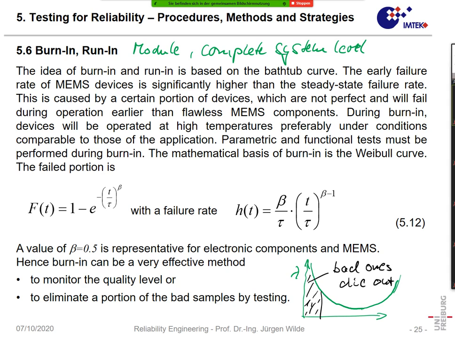So it's cheaper for a manufacturer if he detects a failure in-house before it is detected at the customer side. And in that way, if you produce systems, you can test these systems on your test stand.